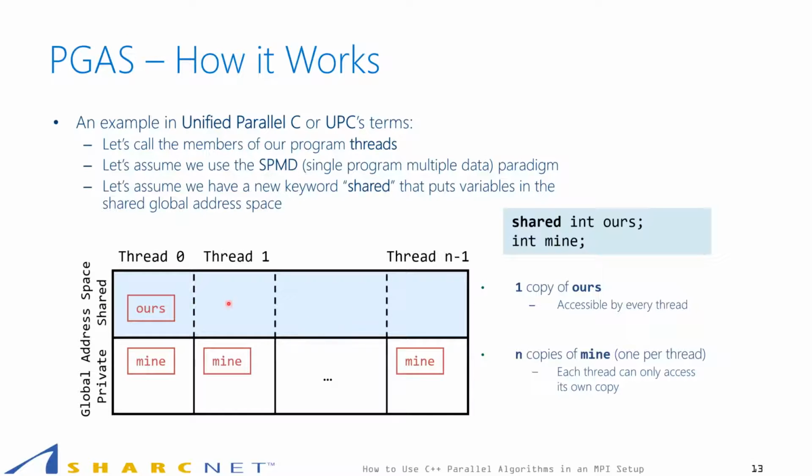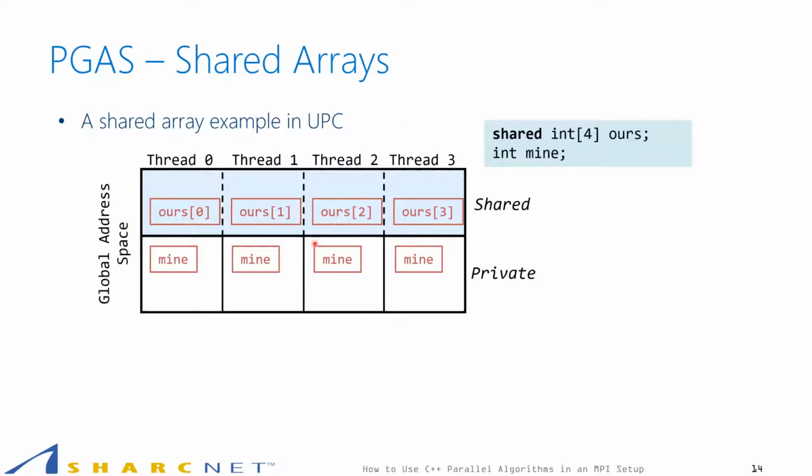These dashed lines represent that all these threads have access to ours. But there are also n copies of mine, one per thread. Each thread can only access its own copy. But let's see what happens with shared arrays.